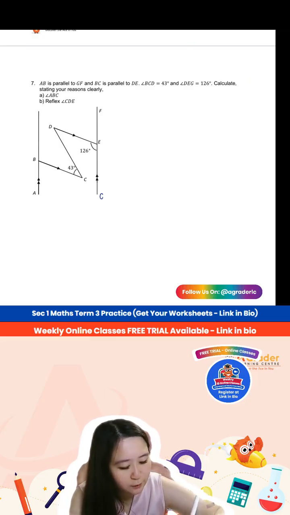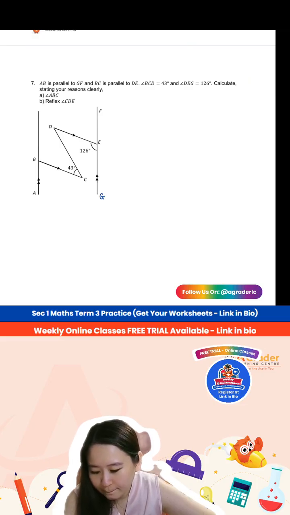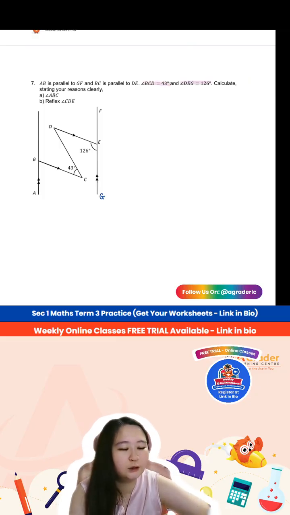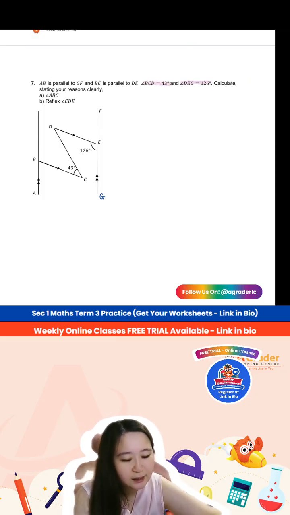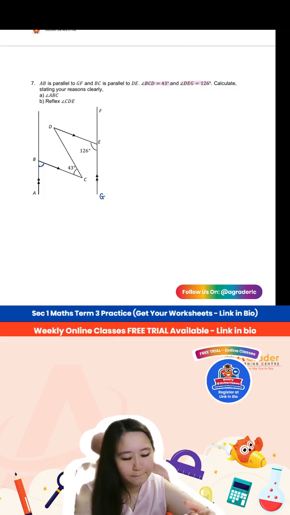I think there should be a G here. Then BC is parallel to DE. Angle BCD is 43 degrees. Angle DEG is 126 degrees. Calculate, stating your reasons clearly, and find angle ABC. This angle here.